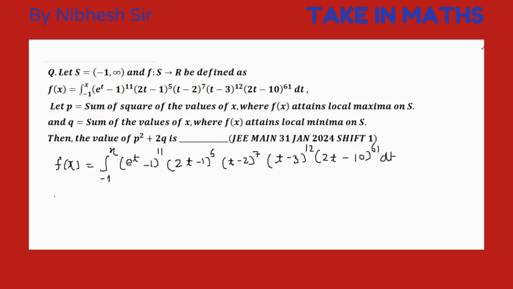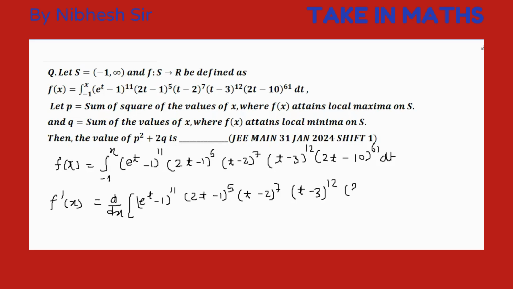So applying Leibniz rule, differentiating this, f'(x) is d by dx of the integral of (e^t - 1)^11 (2t - 1)^5 (t - 2)^7 (t - 3)^12 (2t - 10)^61 dt.